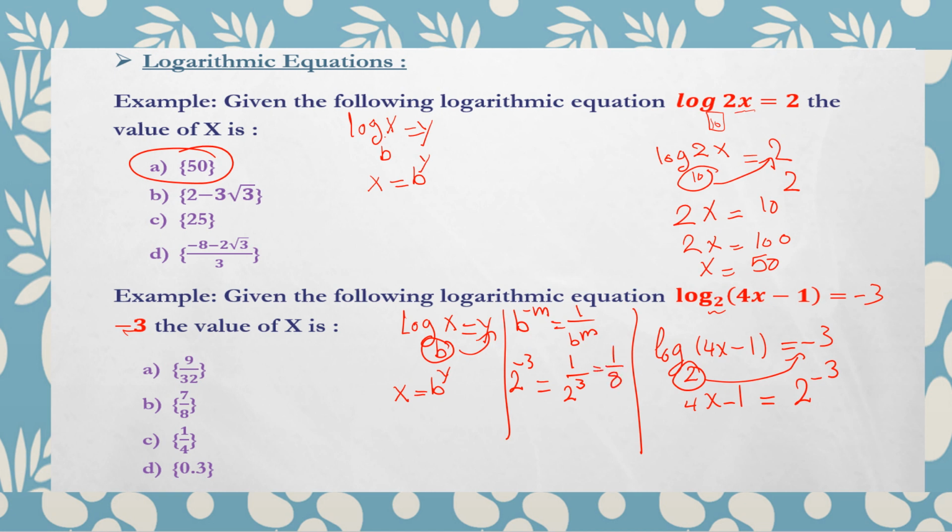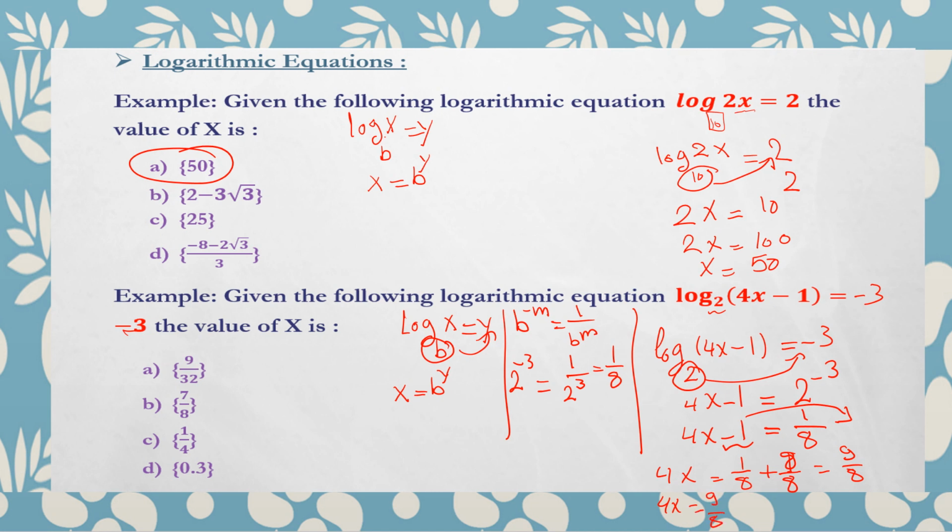So again, by going back to the example, 4x minus 1 equals 1 over 8. By taking negative 1 to the other side with different sign, 4x equals 1 over 8 plus 1, which means 8 over 8. And this equals 1 plus 8, 9 over 8. So 4x equals 9 over 8.